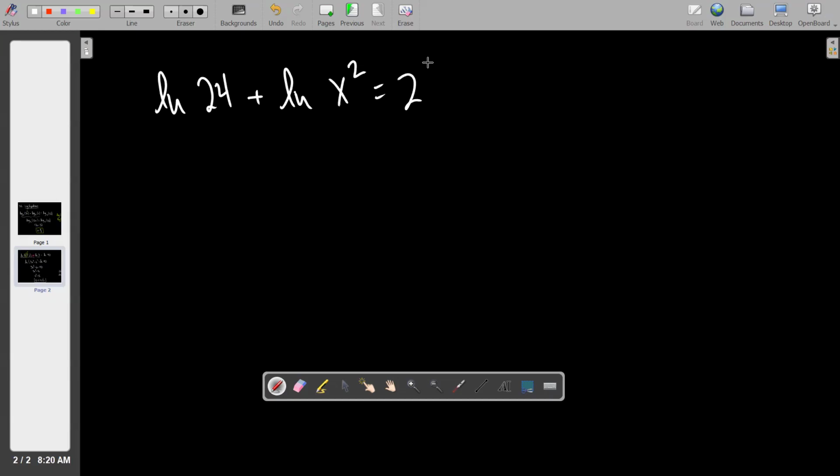What do we do? Condense. Natural log of 24x squared equals 2. Okay, I'll slow down. You're too busy chasing your nose.